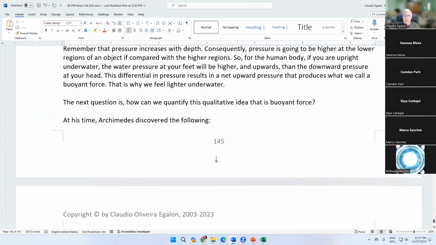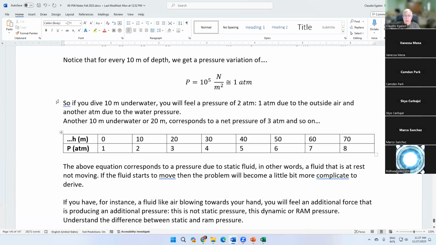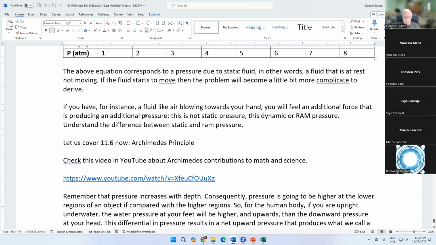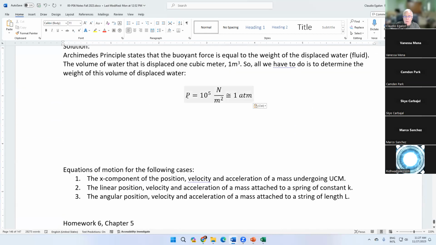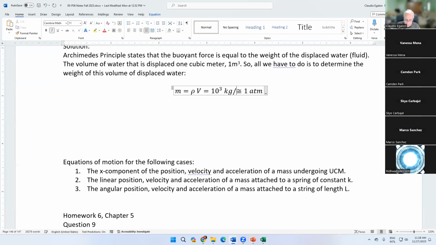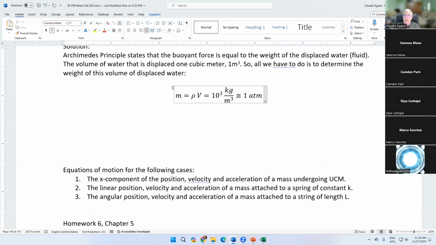And we do it like the following. Don't forget that the mass of the water is density times volume, right? The density of the water is 10^3 kilograms per cubic meter.